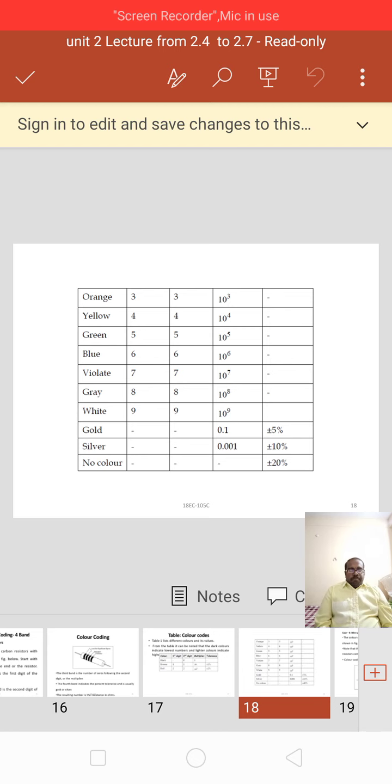First one B.B. Roy, Great Britain, very good wife. We can easily remember this table with the help of this simple line, B.B. Roy, Great Britain, very good wife.